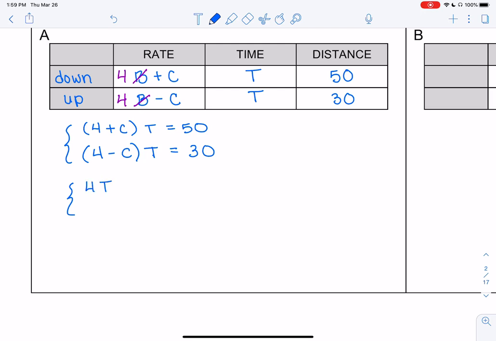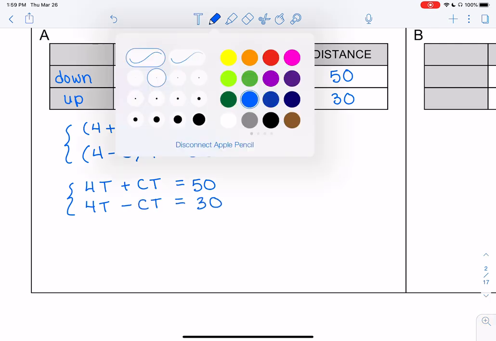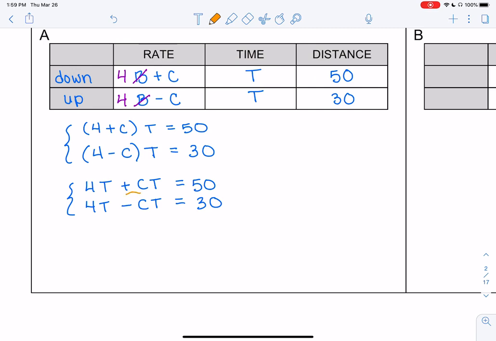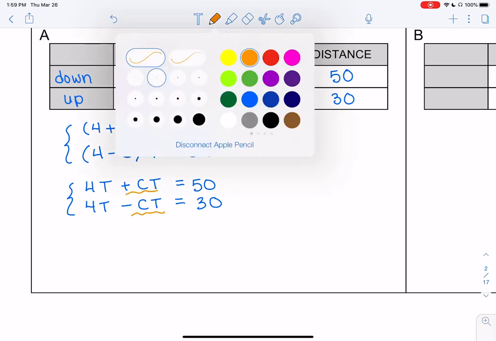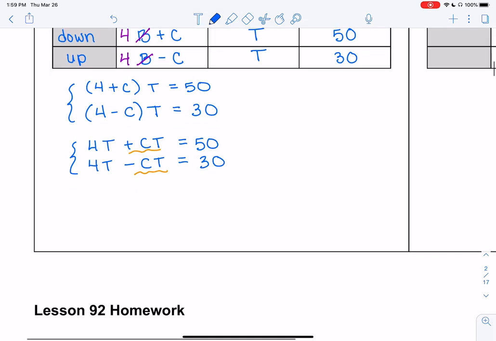So I have 4 times T plus CT equals 50. 4 times T minus CT equals 30. Remember that we want to look for the double variable to cancel out. And fortunately, this one is already set up for that scenario. So I can go ahead and do elimination.